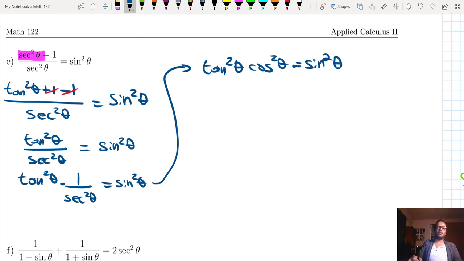Now, what remains to be done here is to rewrite this tangent squared theta as one of the ratio identities. In this case, tangent squared is the same as sine squared divided by cosine squared. And see what's going to happen here? That times cosine squared.